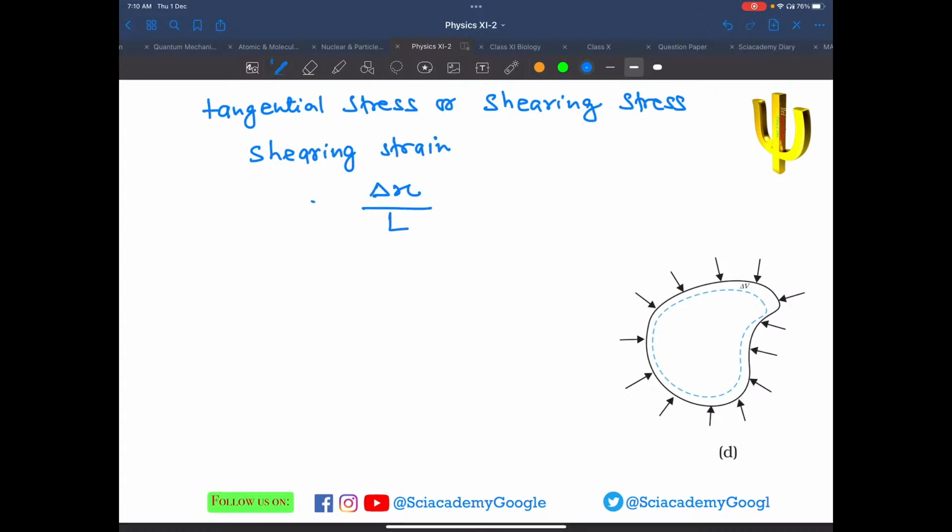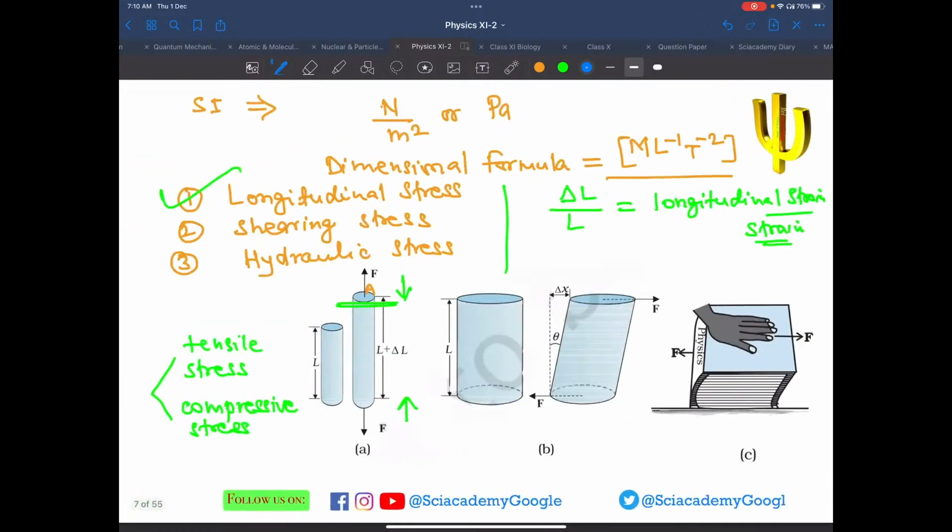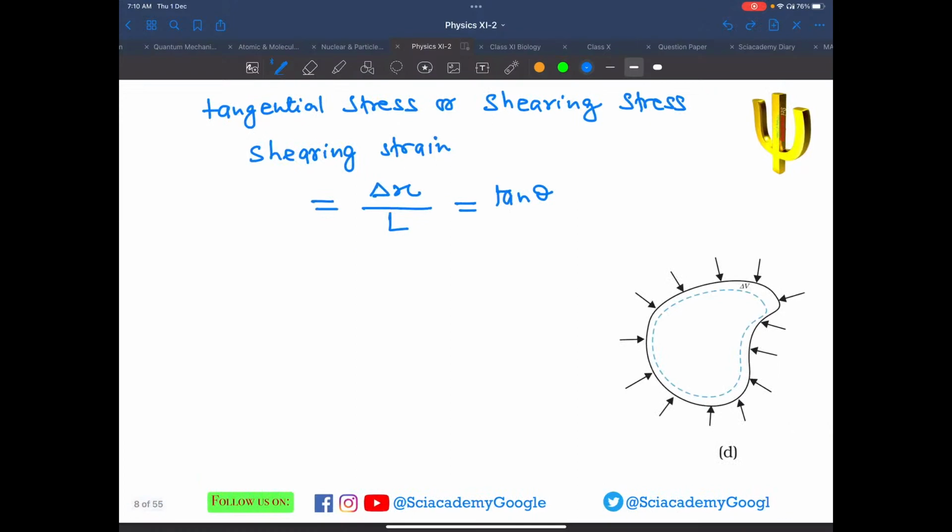This is nothing but tan theta. You can see here, this is the angle theta, and this makes a right angle triangle, right? So with this we have tan theta equal to delta x by L, and that is nothing but the shearing strain.